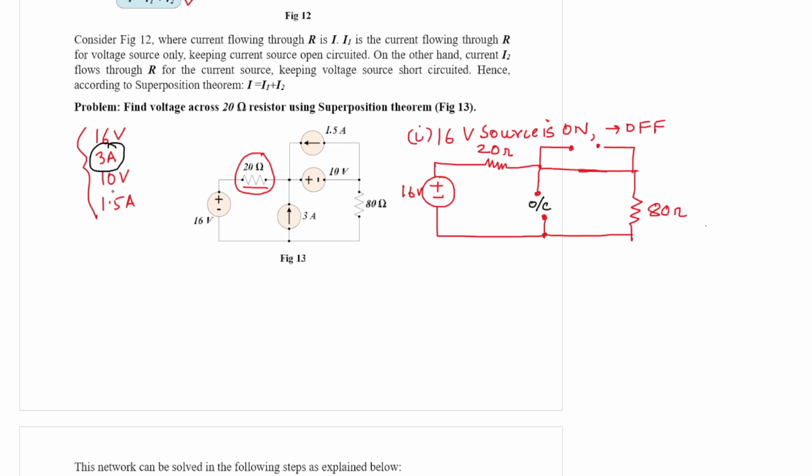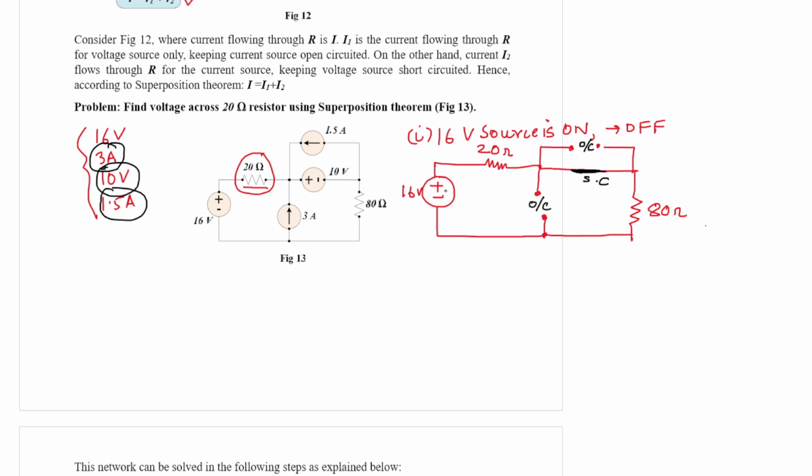Once you have the 1.5 ampere current source, you are again open circuiting it to deactivate it. Once you have the 10 volt voltage source, you are short circuiting it.